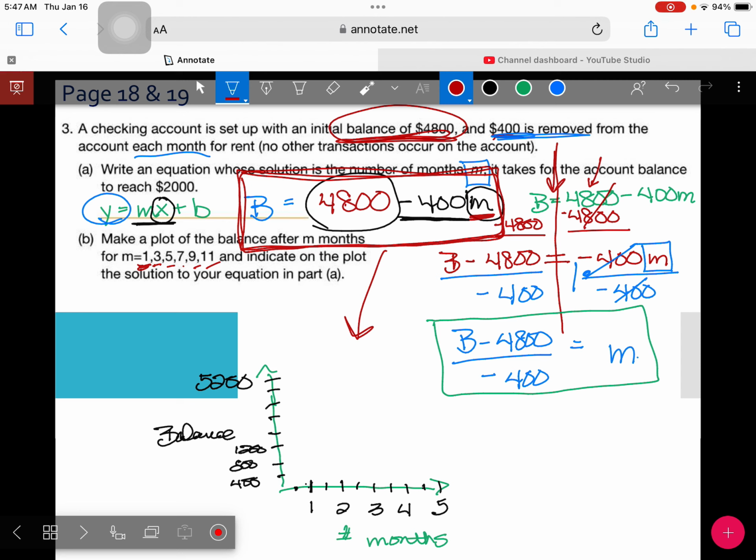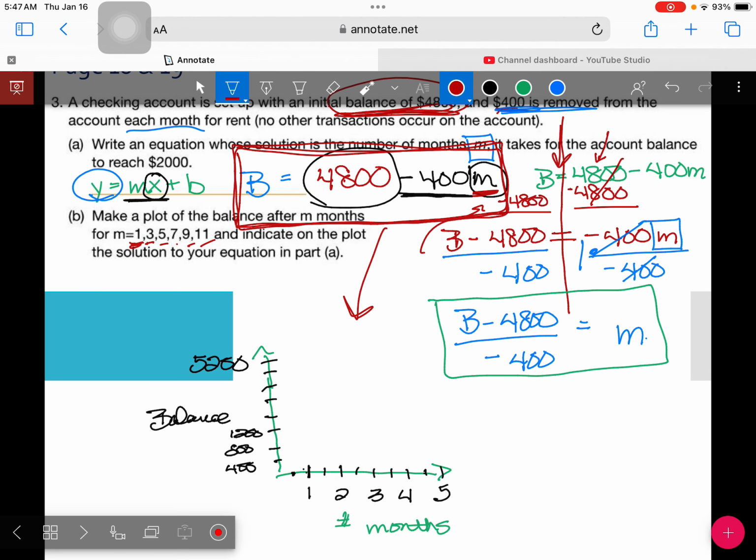So if I substitute 0 in for M for my month, negative 400 times 0 is 0. So my balance would be $4,800. So before we start taking out for any rent, that would be on my y-axis. That is my y-intercept, and that would be my first point.